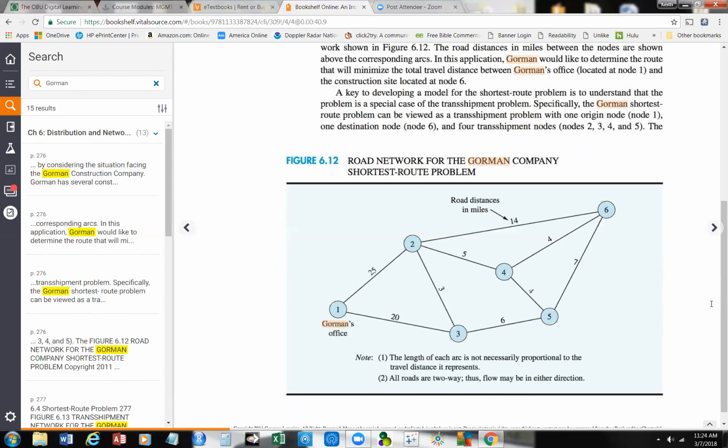Okay, so when you talk about road distances, that has to be looked at with a grain of salt.